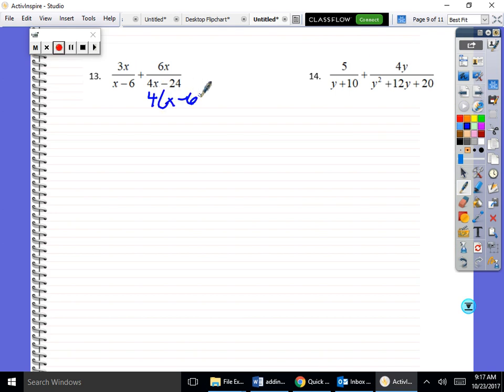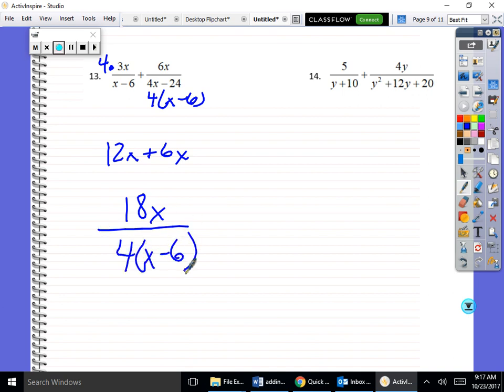This is 4x minus 6, so this needs to be multiplied by 4. Okay? So this gives me 12x plus 6x, which is 18x over 4x minus 6. Good? This one could have also been reduced to 9 over 2. Okay?